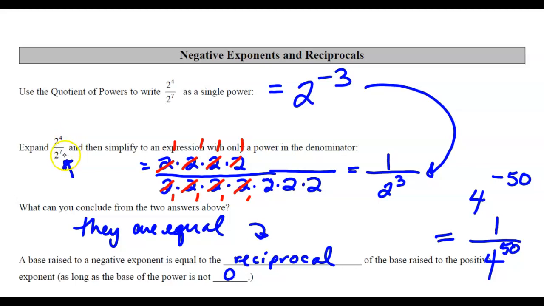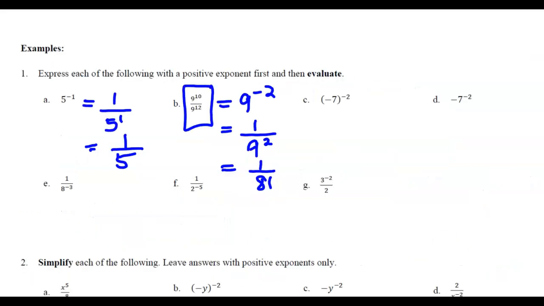So if you see that, you could go 7 minus 4 equals 3 as long as you keep that base in the denominator. So you don't have to do the subtraction first. This tells me I have 10 9's up top, 12 9's down below, so I have 2 extra in the denominator. So it's 1 over 9 squared, which is 1 over 81. So this part is really optional for that one.